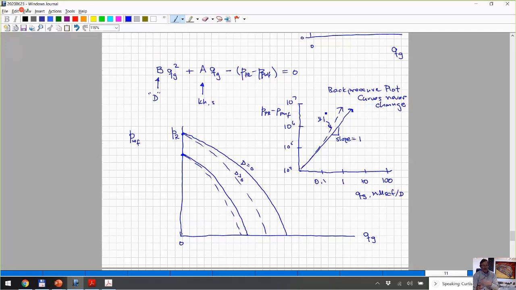If the D is large enough, then the slope, particularly up here at the top where you see it's increasing, could approach 2 at a maximum. But as you go to low enough rates, the slope coincides with the slope of 1. Okay? So I think that's a good place to stop.